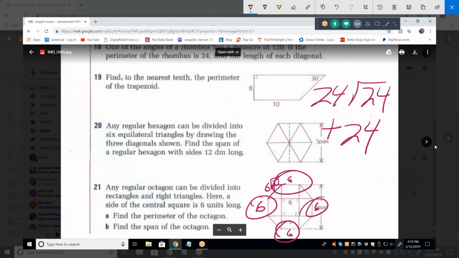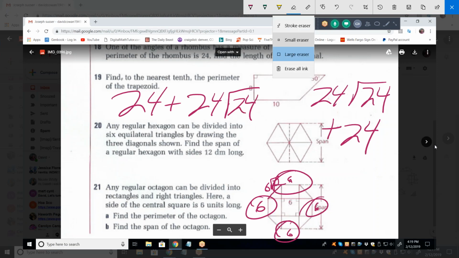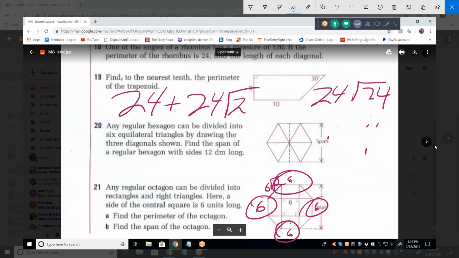So the correct answer is 24 plus 24 root 24. Root 24 or root 2? I think it's root 2. Root 2. Yeah, all of a sudden the number of 24s I was getting seemed unlikely. I wrote it wrong. So that's the answer.